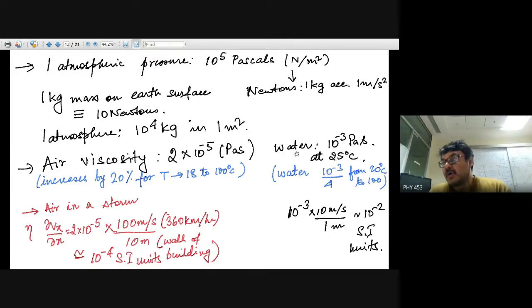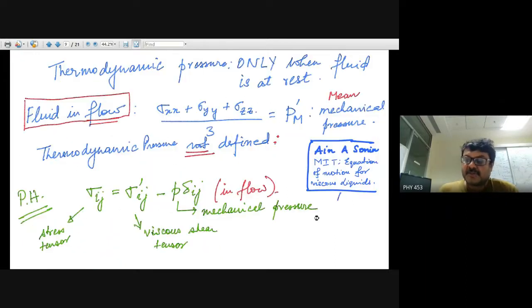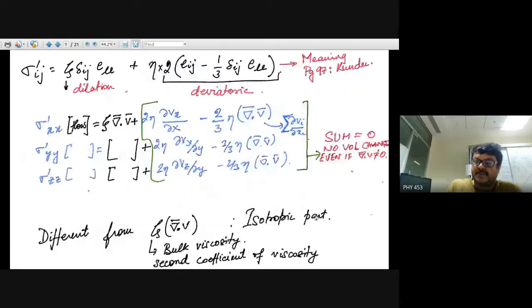And if there was water and you had an Olympic swimmer swimming through a swimming pool, the viscosity is 10 to the power minus 3 Pascal second for water. Suppose he or she was moving extremely fast, 10 meters per second.